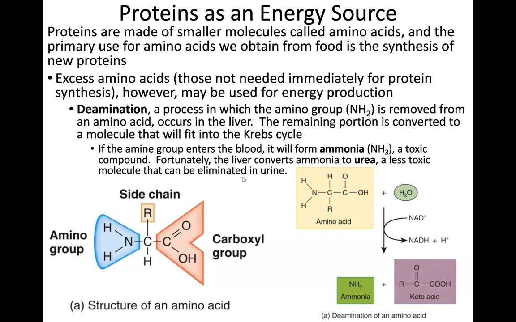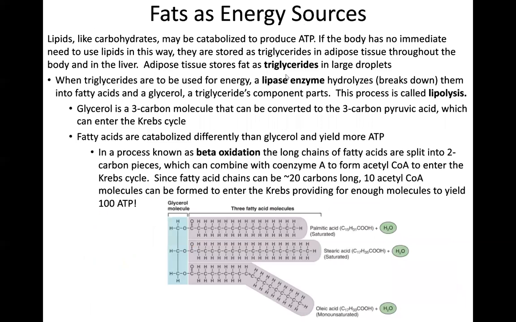And we'll talk about urea in our next lecture when we talk about formation of urine. Like I said, we typically don't prefer to make energy from proteins. It is possible, and it's something that we do utilize from time to time, but we prefer carbs and fats.